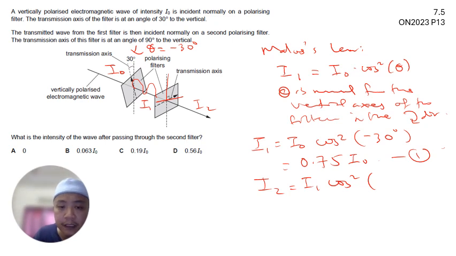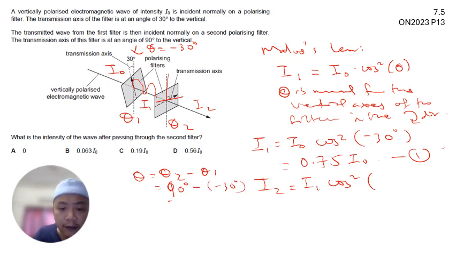So if you take theta 2 and theta 1, we want to find out the difference. So theta will be equal to theta 2 minus theta 1. In this case, theta 2 is 90 degrees and theta 1 is minus 30.